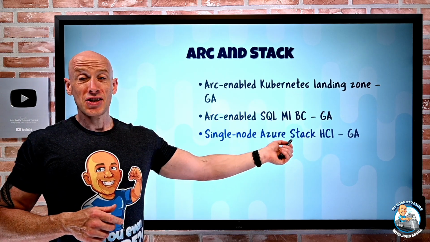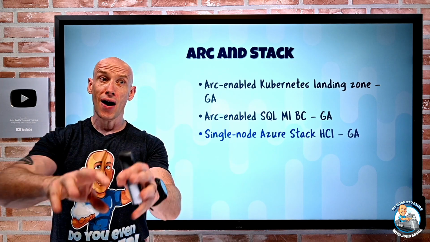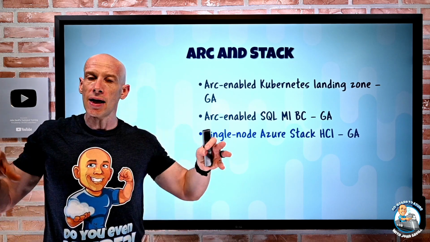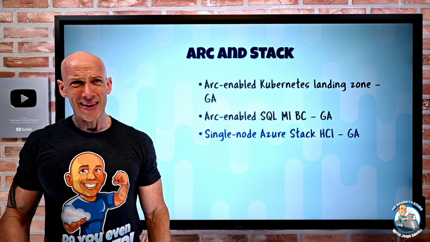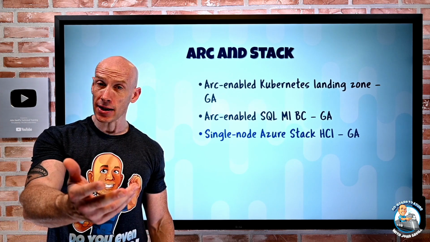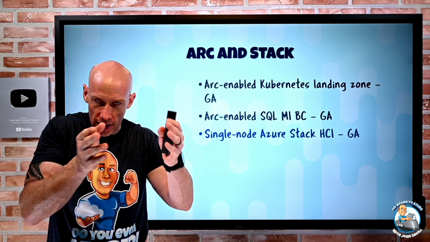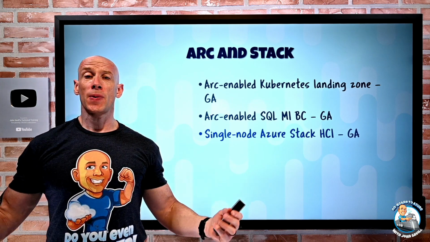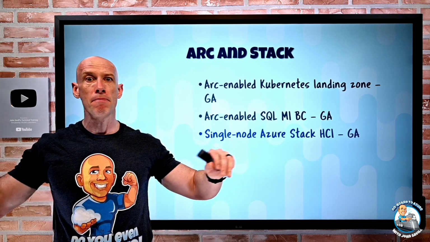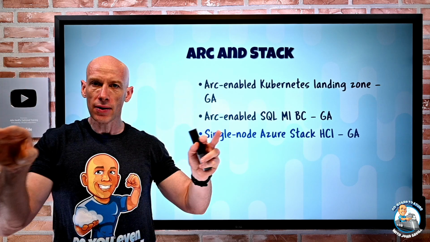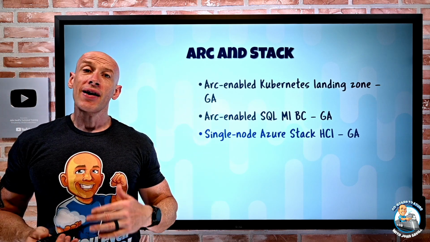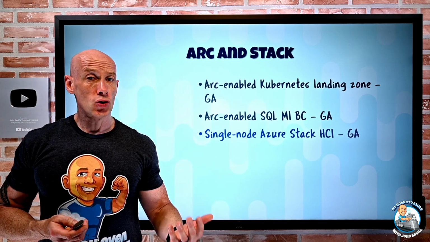Single node Azure Stack HCI. Remember I said HCI was all about a cluster of local nodes that use things like Storage Spaces Direct for hyperconverged. My storage is local to each box, but Storage Spaces Direct makes it an SMB3 volume that they can all access. Well, now I can actually have a single node. Obviously, it's not going to use Storage Spaces Direct.